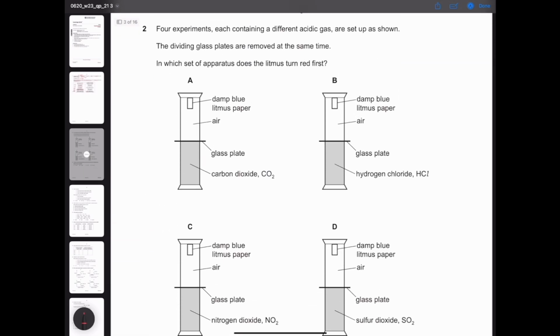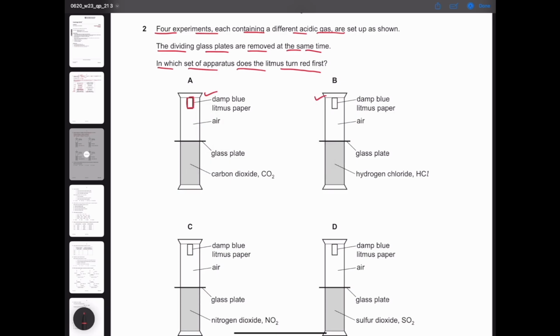Now, question number 2. 4 experiments, each containing a different acidic gas. The dividing glass plates are removed at the same time. In which set of apparatus does the litmus turn red? So they're just giving you a setup that litmus they have placed here in all the 4 setups.